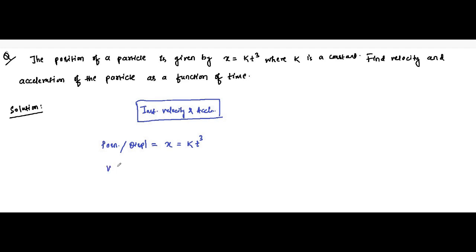So instantaneous velocity is given by dx by dt, the derivative of displacement or position with respect to time, equal to d by dt of kt cube. Okay, so that is equal to 3kt square. That is the velocity.